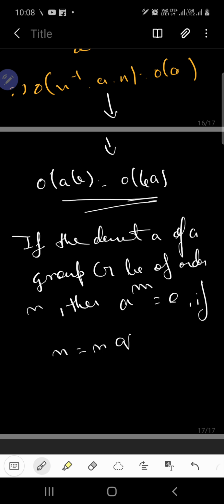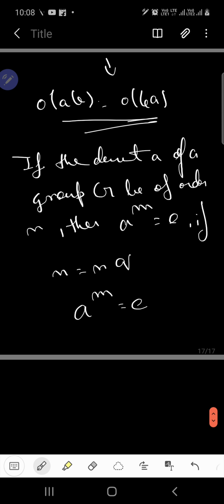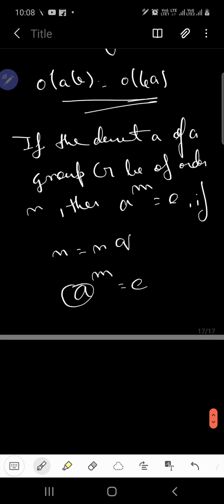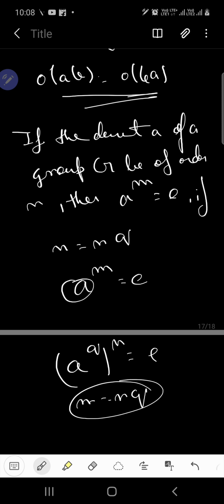What do I mean by this statement? This is the property which we have already used in the first property, where we showed that if a to the power m equals e and some other power of a, a to the power n, equals e, then we can say that m equals nq, which is what we used. So they have done the same thing: if there are two different powers of a which equal e, then one power will be an integral multiple of the other power.